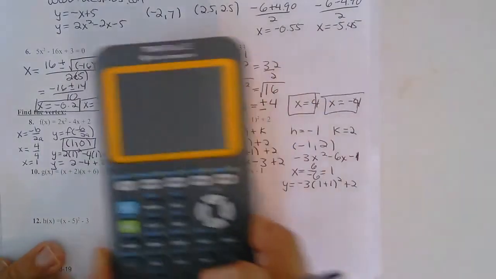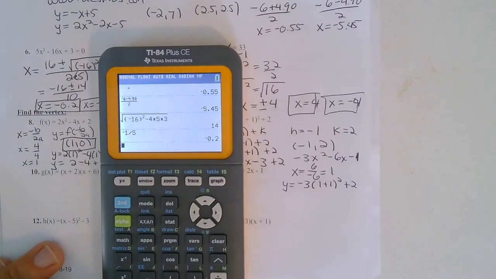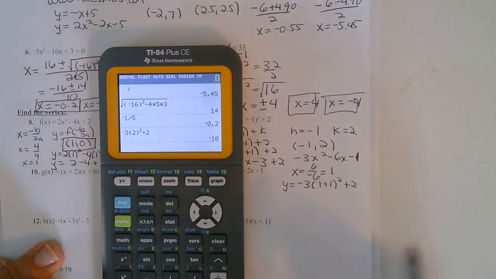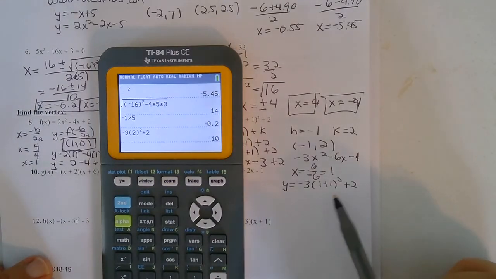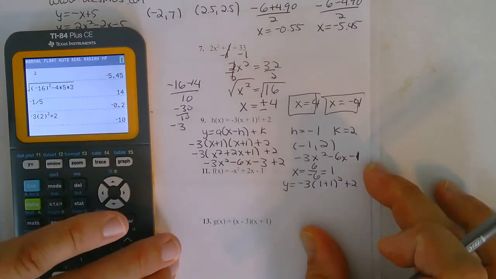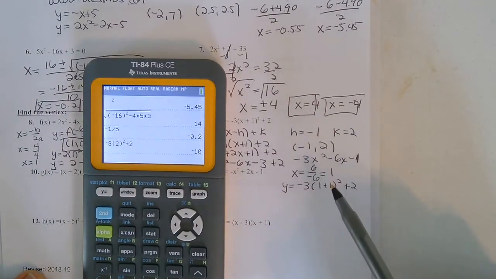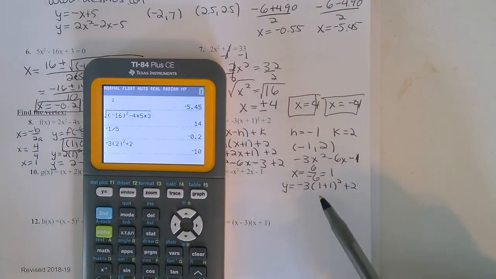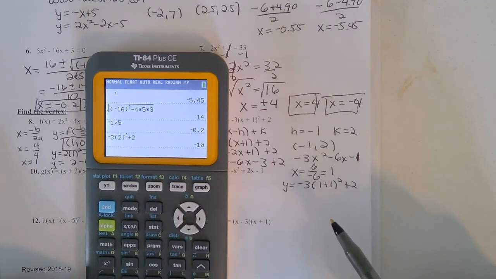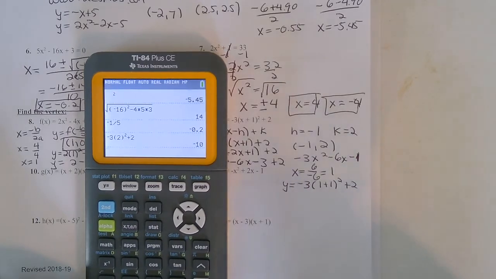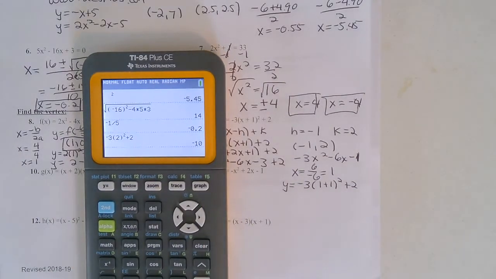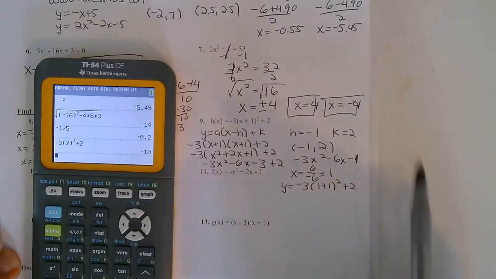And then plugging 1 into the equation, y would equal negative 3 times 1 plus 1 squared plus 2, which gives negative 10. Whoops, and I made a small math error here.